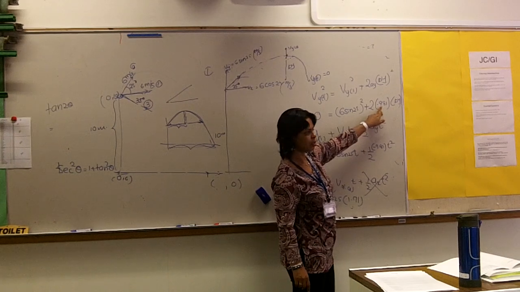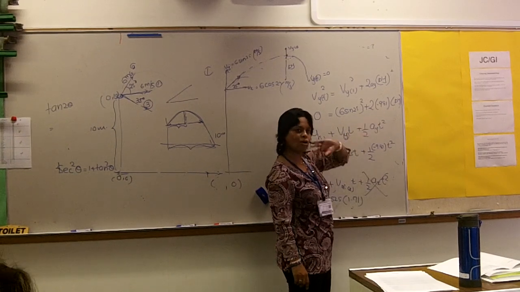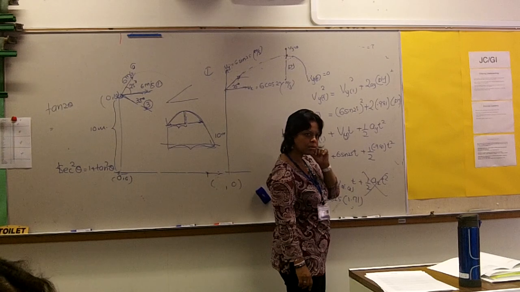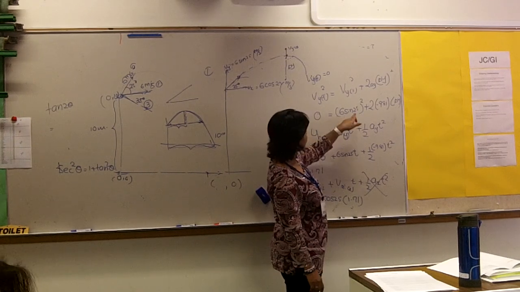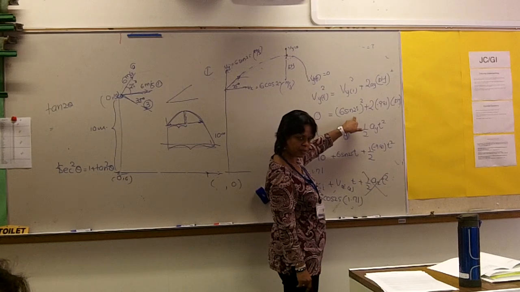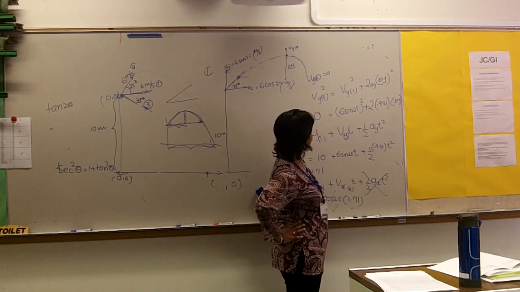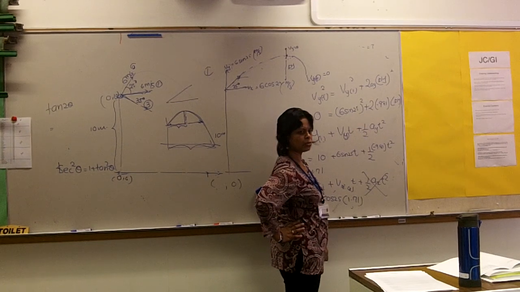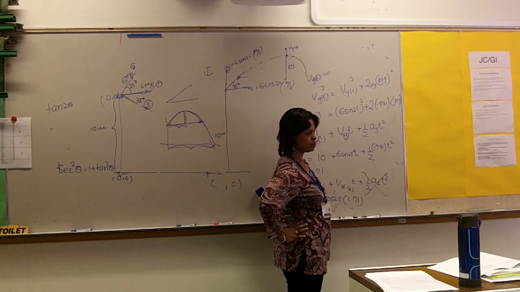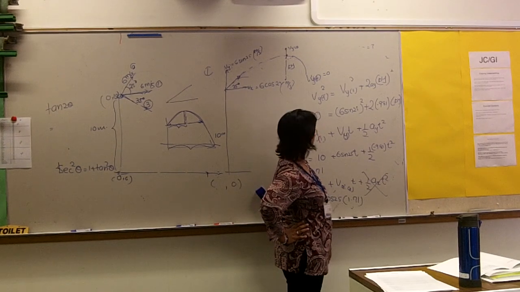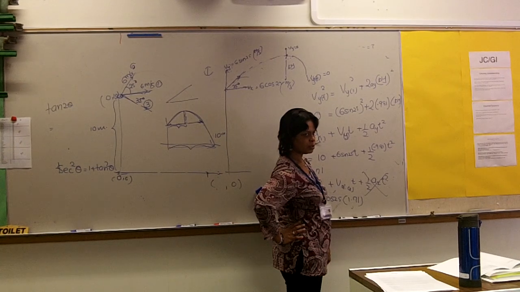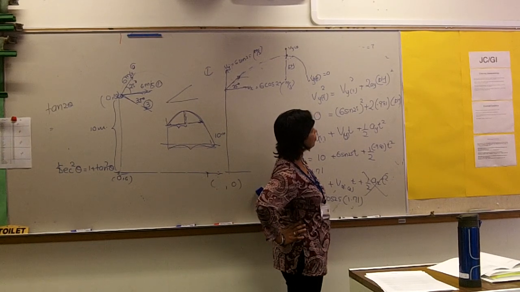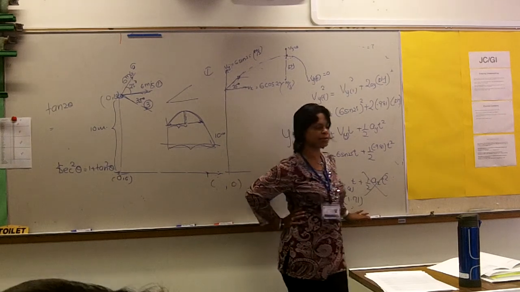You already added 10? Then you just have this is 0. It's 6 times sine 25 squared, divided by 2 times 9.81.